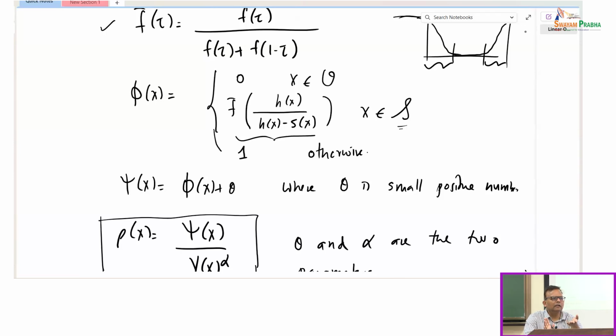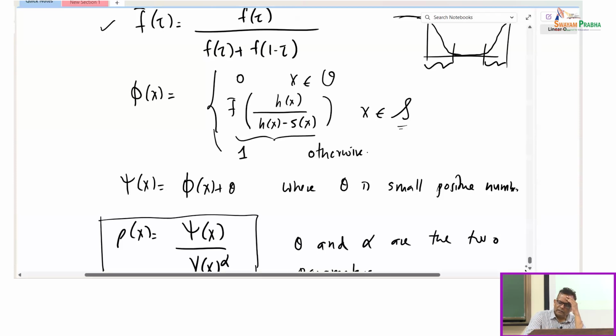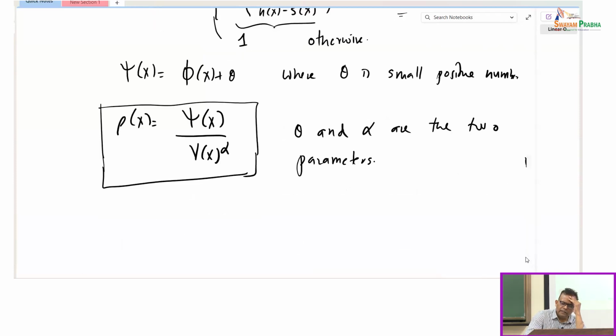Okay, so these are three tuning parameters: theta, the radius of the sensing region, or the diameter of the sensing region, whatever you want to call it, and alpha.